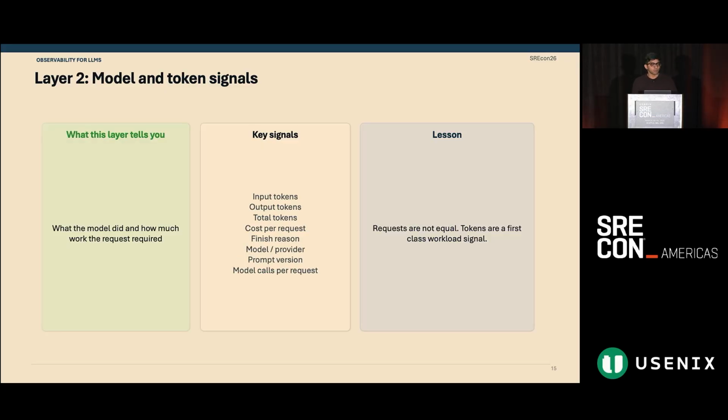The second layer is model and token signals. In this, we measure token usage, cost per request, finish reason, underlying model provider, prompt version, and number of model calls per request. So this layer focuses on observing tokens. Instead of thinking in terms of requests, we start thinking about tokens in this layer.